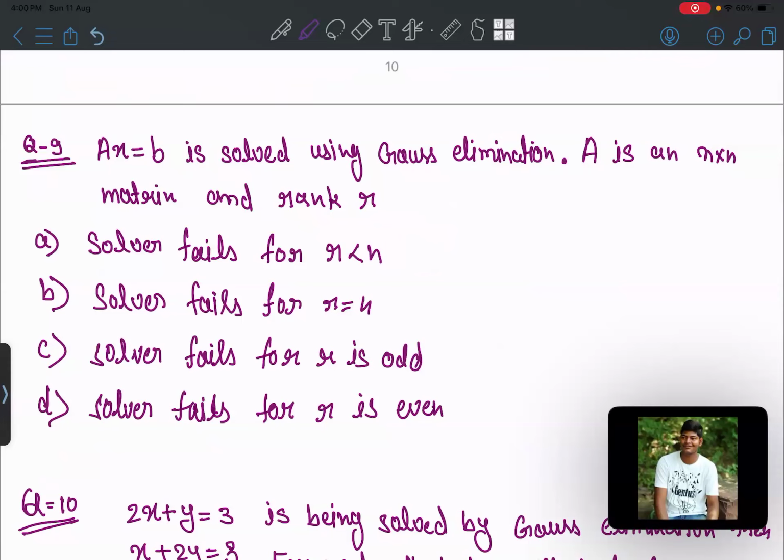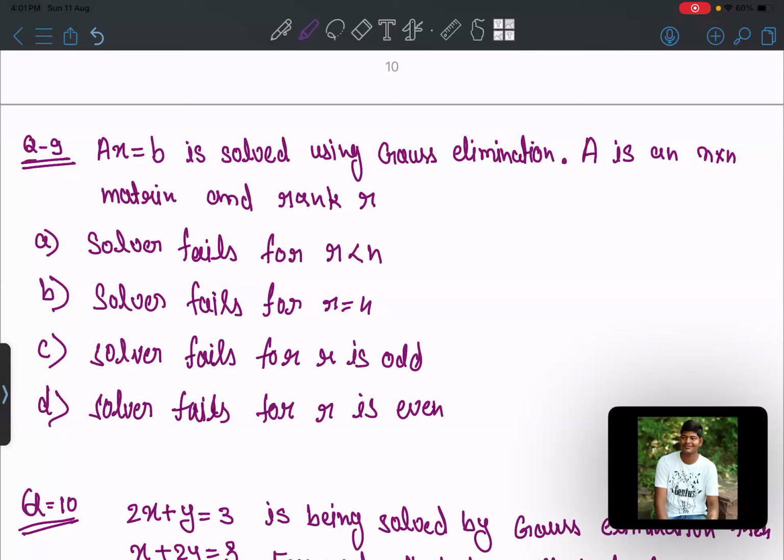If they are not independent, some equation can be represented by a linear combination of other equations. That means we have n unknowns, but we do not have n independent equations, and in that case we will not be able to find the values of these n unknowns.